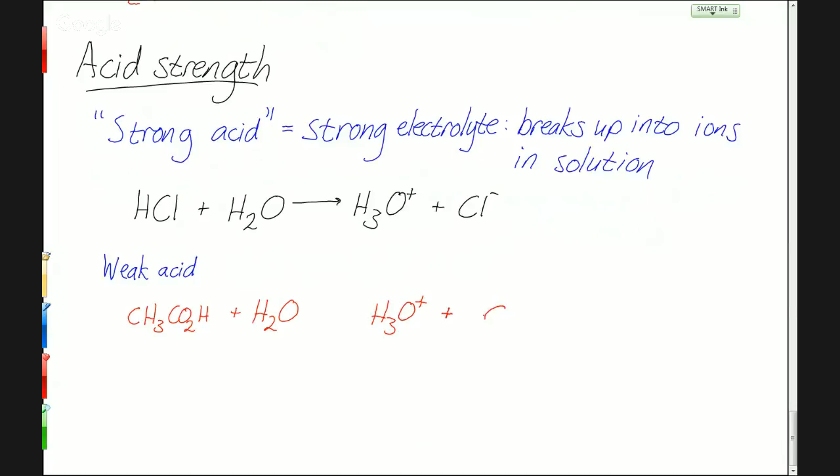Makes hydronium again, and then this is the leftover ion. That's called acetic acid. And this time when we think about how those arrows work, this reaction is going to go more to the left than to the right. So acetic acid in water only forms a little bit of ions.